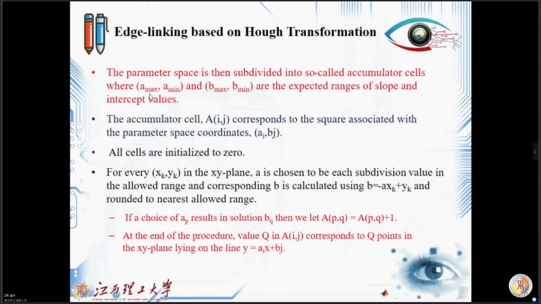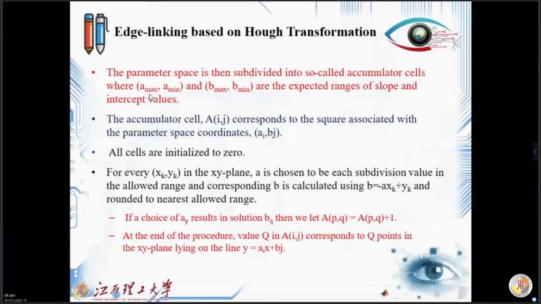In the Hough transform, the parameter space is divided into so-called accumulator cells, where a max and a min, and b max and b min are the expected range of the slopes and intercepts values. The accumulator cell A(i,j) corresponds to the square associated with the parameter space coordinates ai, bj, and all cells are initialized to zero.